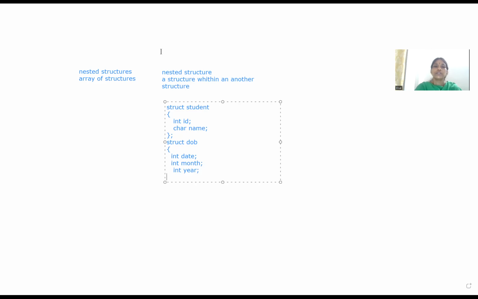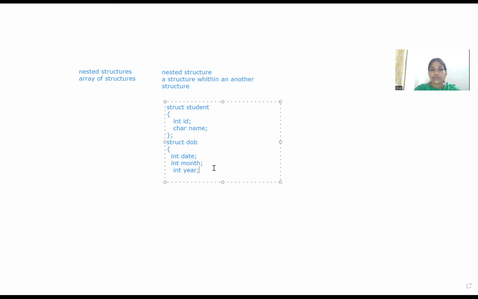Now, the first structure is student. The second structure is date of birth. To initialize the values of the first structure, we need to create a structure variable. One point you should remember here: within the structure, these are the structure members.